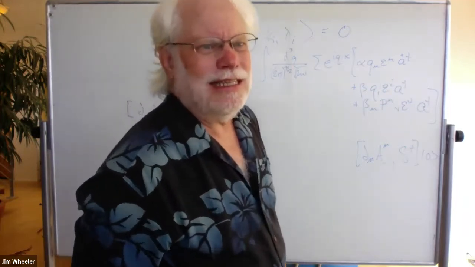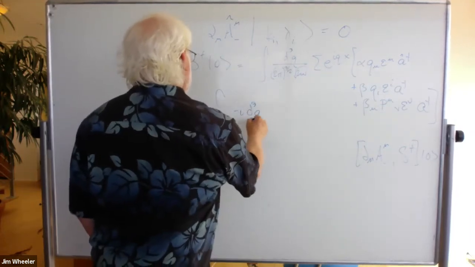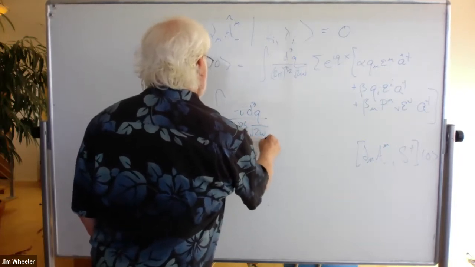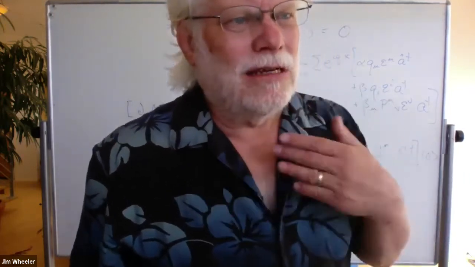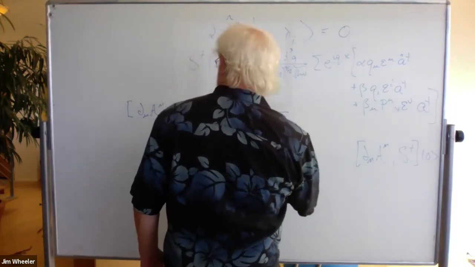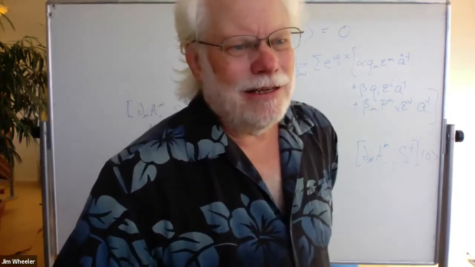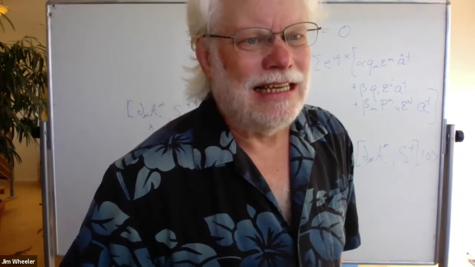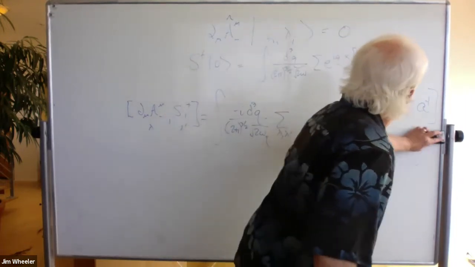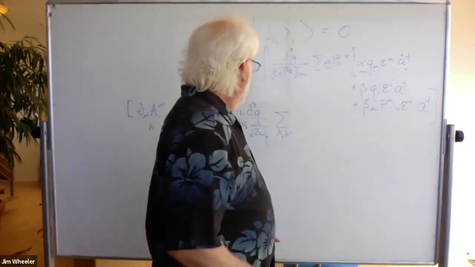Okay, so what happens is you're going to get a minus i, e³q, all these normalizations like this. And then you have a double sum over polarizations, λ and λ′. One of these can be λ, one can be λ′. I'm going to need more space here. So we're interested in this one.